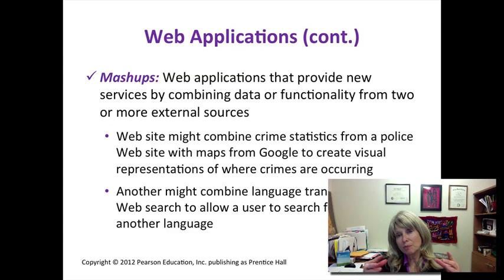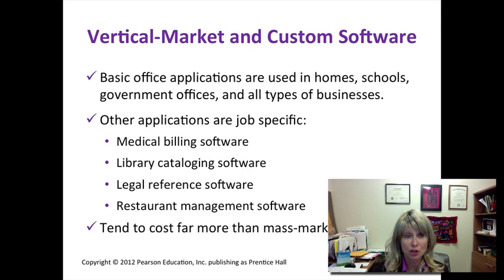So all of these pieces of information are put together in a single place to be able to provide the information. You know, Google Maps is a perfect example of that. Another example is a Google map that shows crime statistics, like where are the most crimes, because it's integrating crime statistics with a location. It's called a mashup.